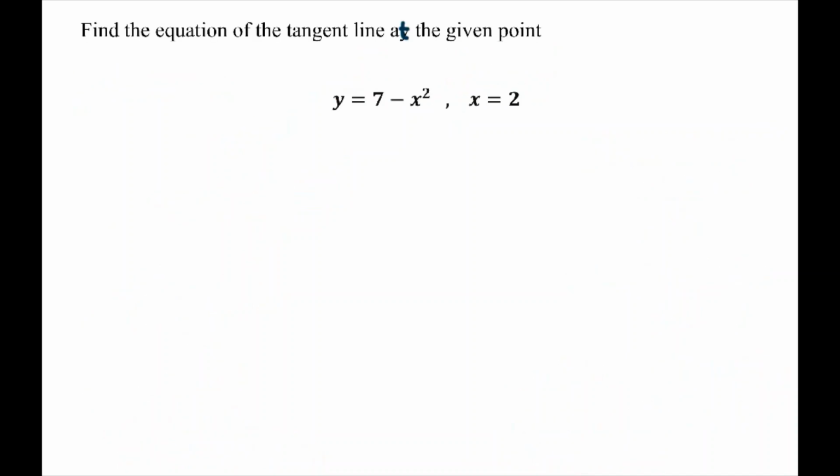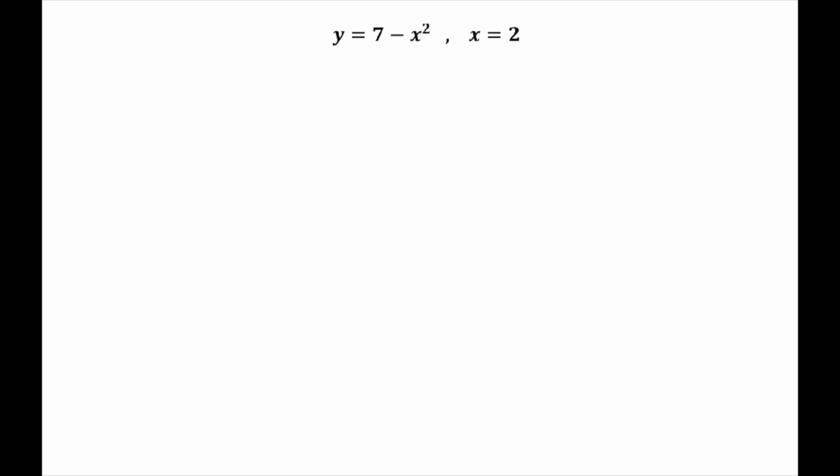Now for this question, we need to find the equation of the tangent at the given point. When we think about the equation of the tangent, we think right away about the instantaneous rate of change, because we know that the slope of the tangent is the instantaneous rate of change. And in order to write an equation of a line, it has to be written as y equals mx plus b.